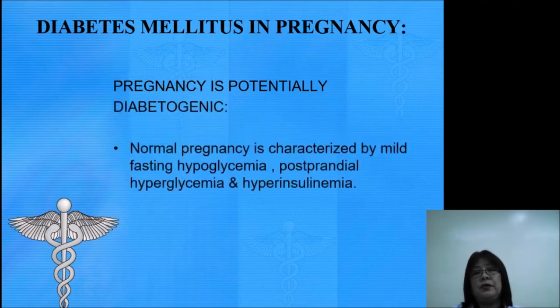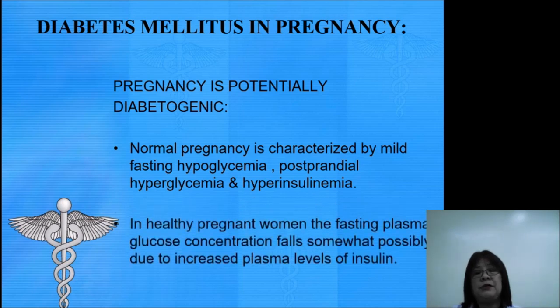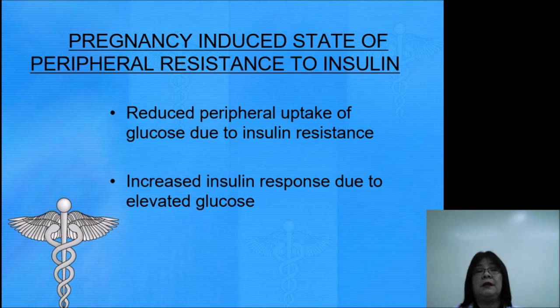We all know that during pregnancy, you have a mild fasting hypoglycemia, a postprandial hyperglycemia, and hyperinsulinemia. In healthy pregnant women, the fasting plasma glucose concentration falls somewhat, possibly due to increased plasma levels of insulin. And there is reduced peripheral uptake of glucose due to the insulin resistance brought about by pregnancy.